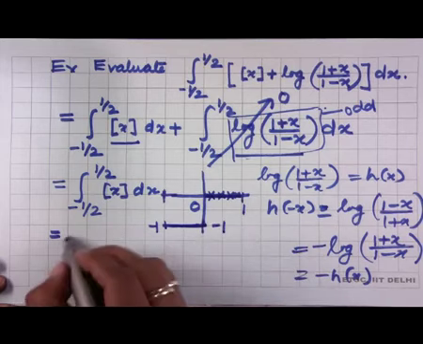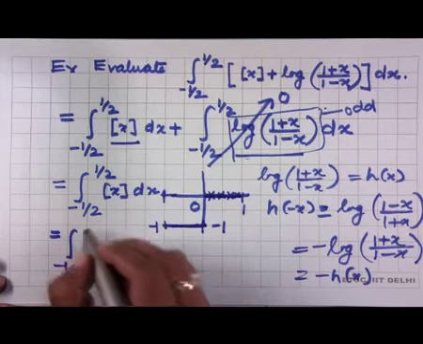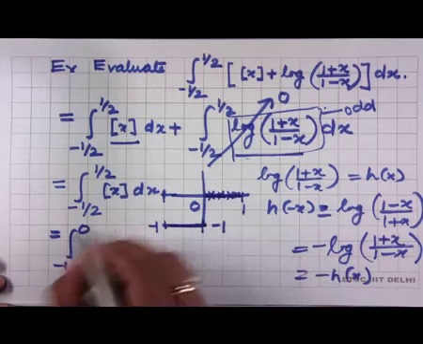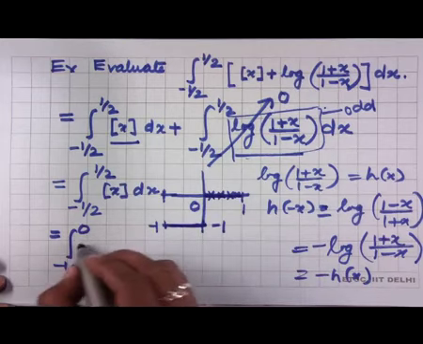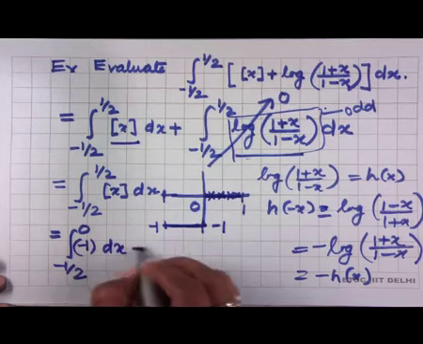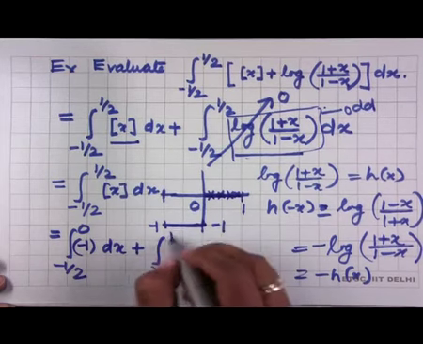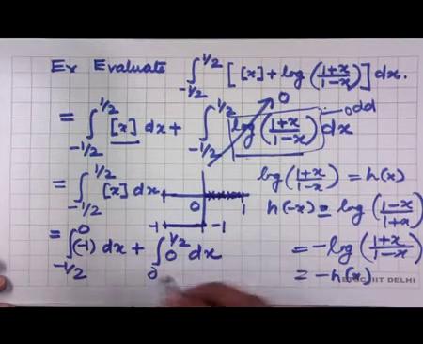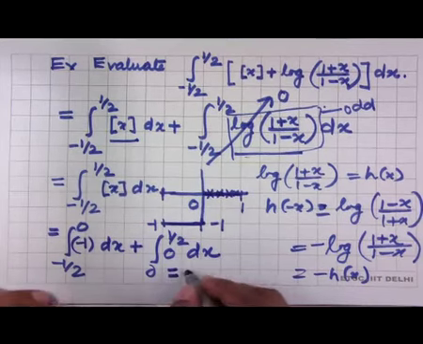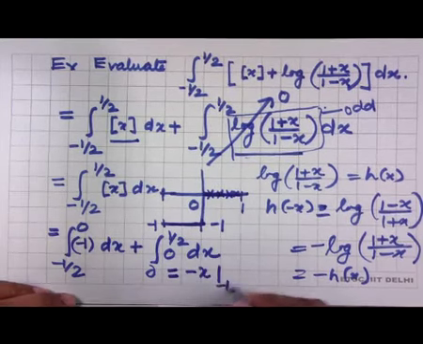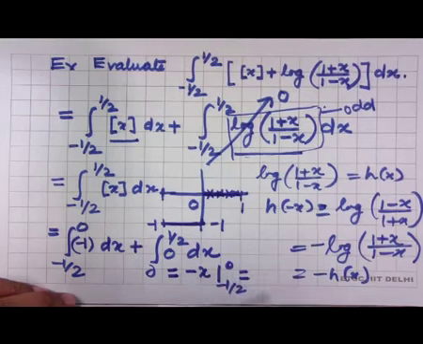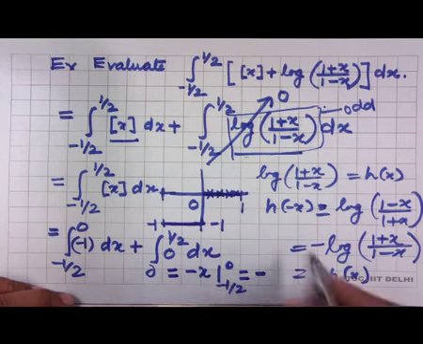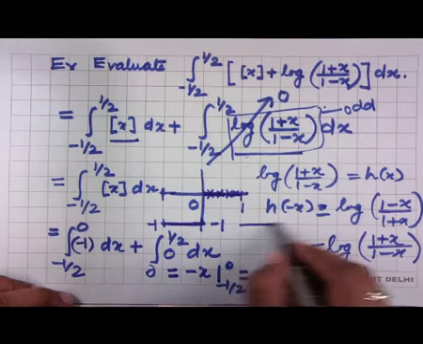So we have to break it at 0 because the function is taking different values in different intervals. We get integral from minus half to 0 of minus 1 dx plus from 0 to half, it is taking value 0, so we get 0. So minus x from minus half to 0, which gives you minus 0, it will be 0, then minus of this will be plus, and then again one more minus, so you have minus half. That is the final answer.